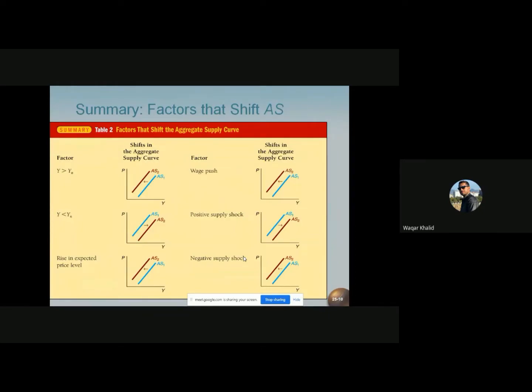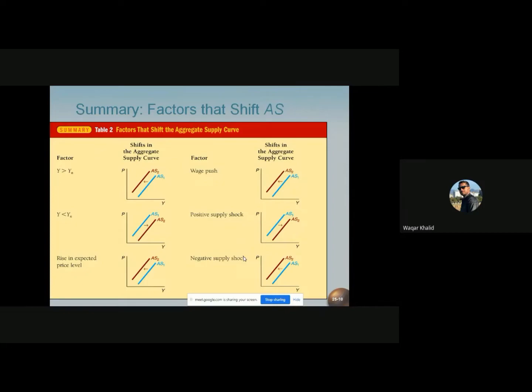aggregate supply curve. And from the analysis, we can conclude that when the labor market is tight, wages and hence production cost rise. And when the labor market is slack, I mean to say that when Y is less than Yn, wages and production costs fall.